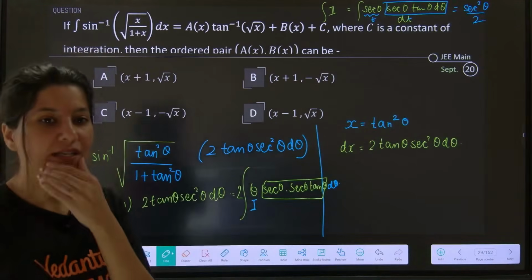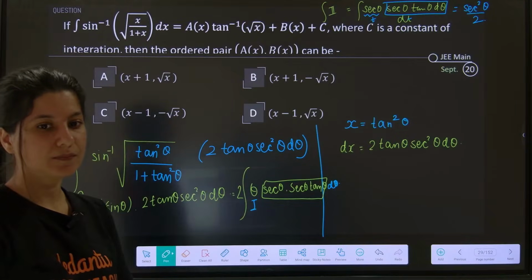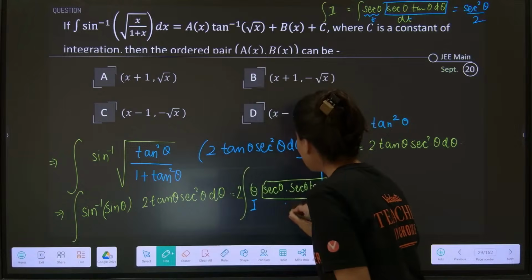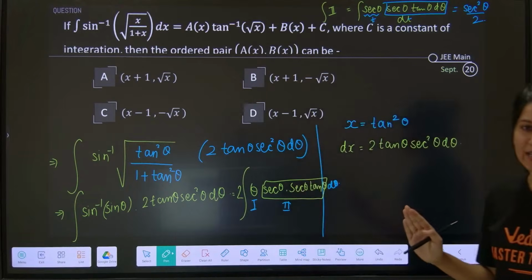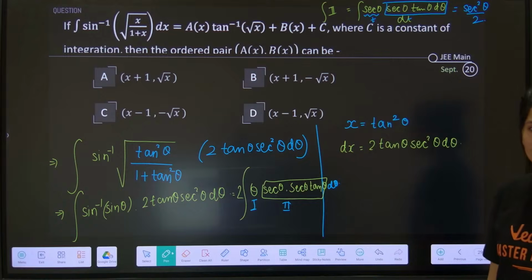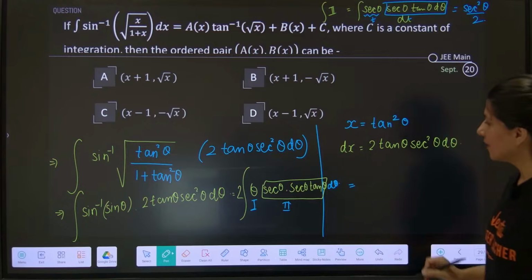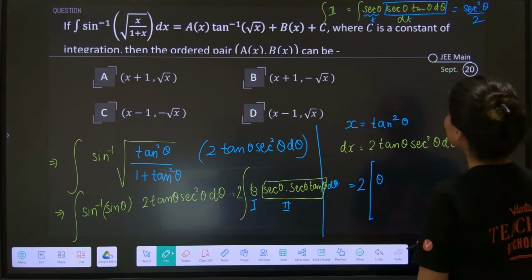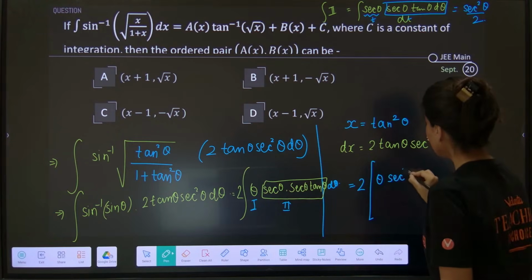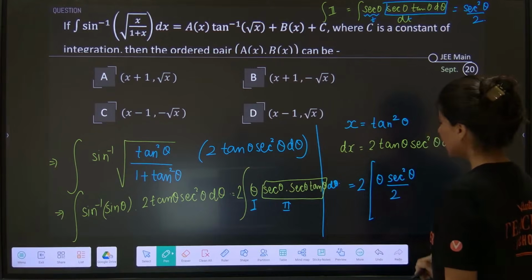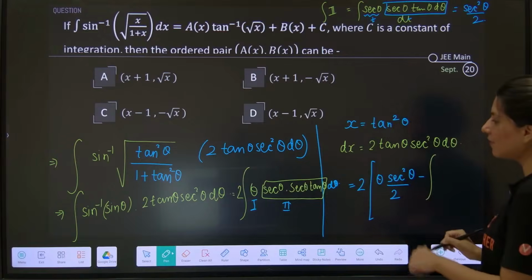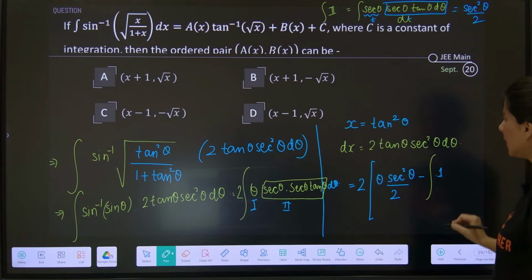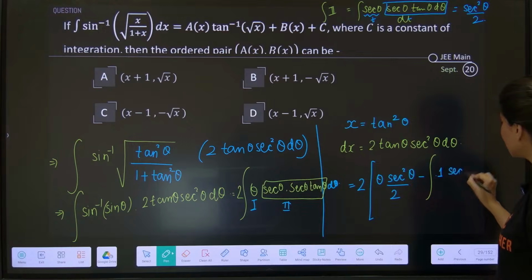How many of you are getting it? Very interesting. So whenever this is the second function and we need the integration of the second, we write sec square theta by 2. The 2 is already outside. First function constant, integration of second function, sec square theta by 2, minus integration of derivative of first, which is 1, times integration of second, sec square theta by 2, plus c.